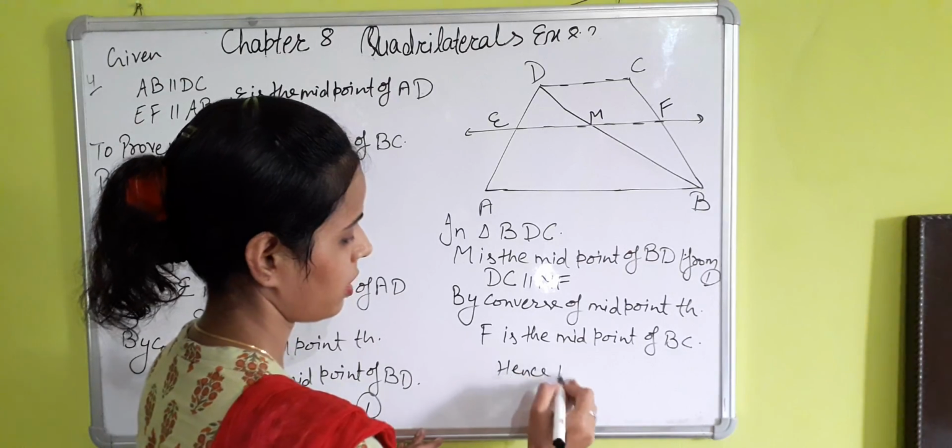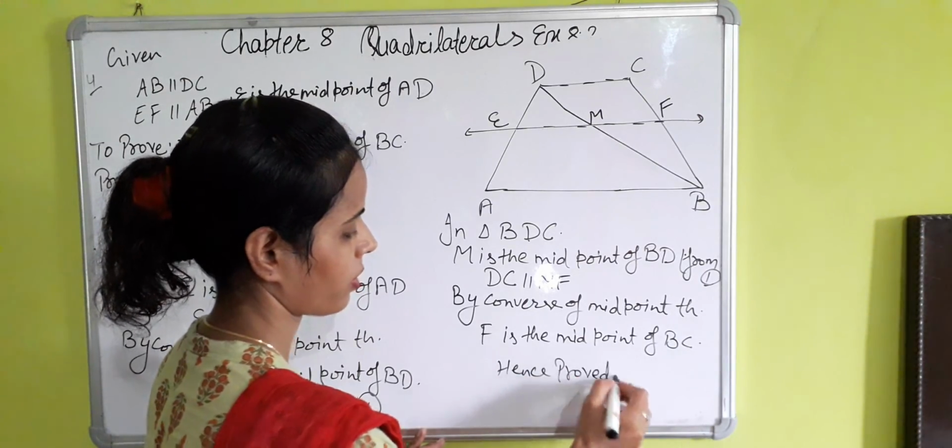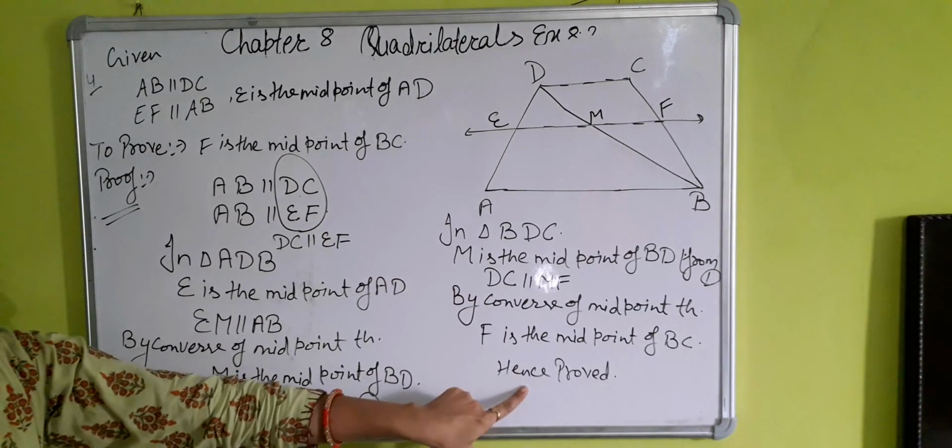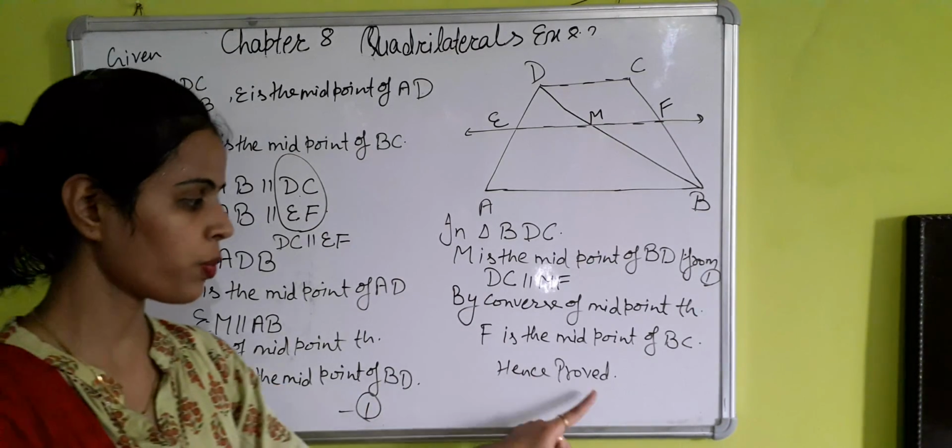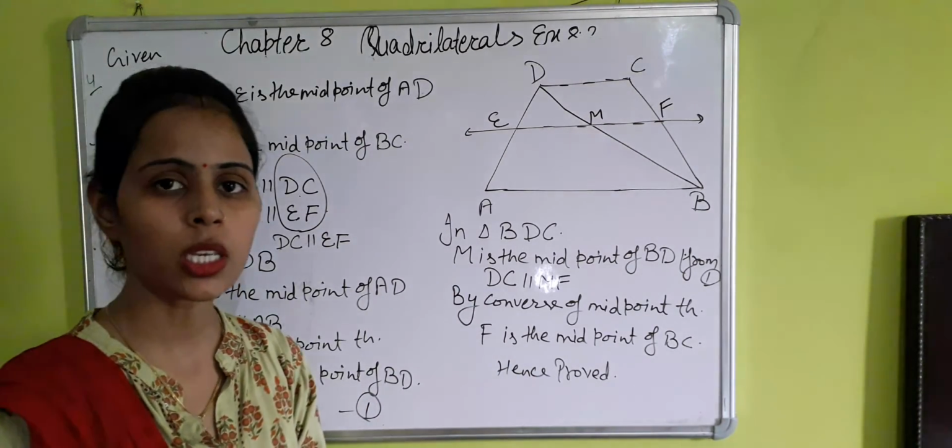Hence proved. F is the midpoint of BC. This question number 4 is complete.